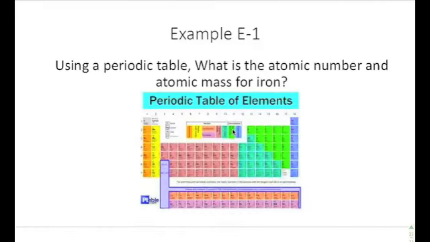So let's look at an example. If you were to look at this and say, using the periodic table, what is the atomic number and what is the atomic mass of iron? Well, if you were to find it on the periodic table, you would say, all right, the atomic mass of iron is, I think it's 53, but let's take a look at it real quick just to make sure.